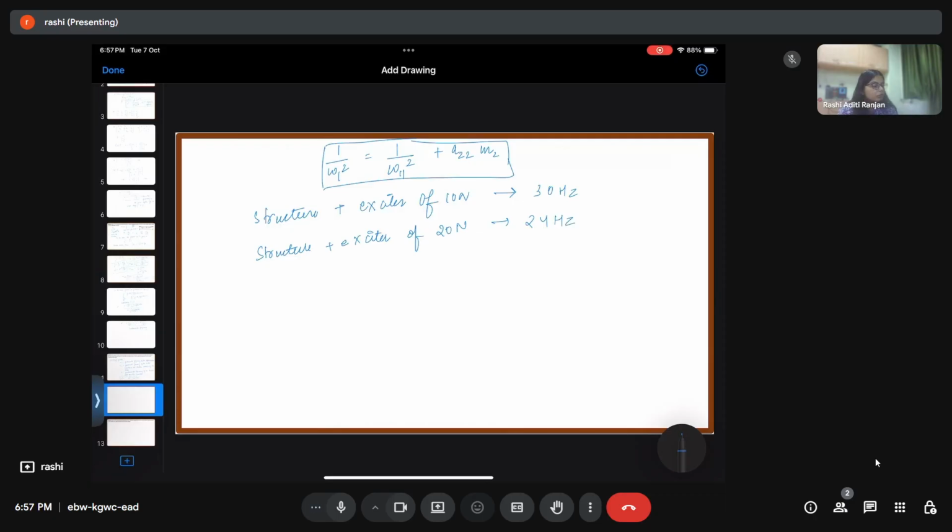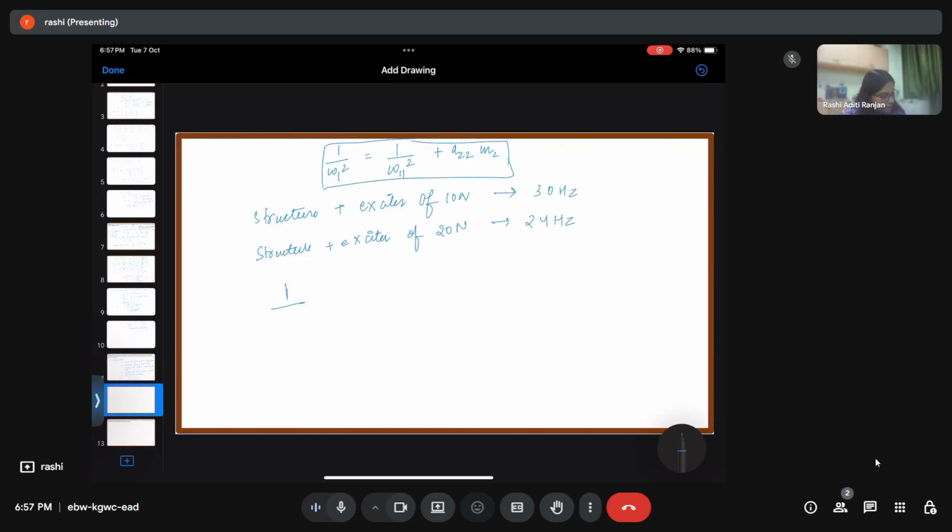Now we have to use the equation that we have over there. With that equation, we can write the first one as 1 by omega 1. Now we have the frequencies in hertz, so we have to change them into radians per second, which is 2 pi into 30 and 2 pi into 24.